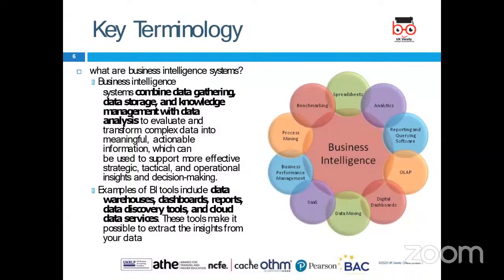So we can now look into a couple of definitions and key terminology. By business intelligence system, we can understand that it combines data gathering, data storage, knowledge, and knowledge management with data analysis, which will evaluate and transform complex data into meaningful, actionable information, and which will also be used to support more efficient strategic, tactical and operational insights, and also decision making.